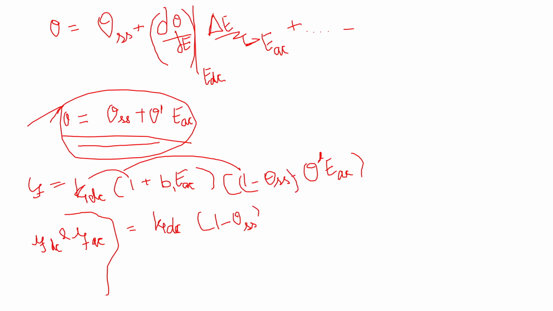Okay? That's the first term. Now the next one is K1 DC into 1 into minus theta dash EAC, minus K1 DC theta dash EAC. Right? Now my next term is K1 DC into B1 EAC into 1 minus theta SS.